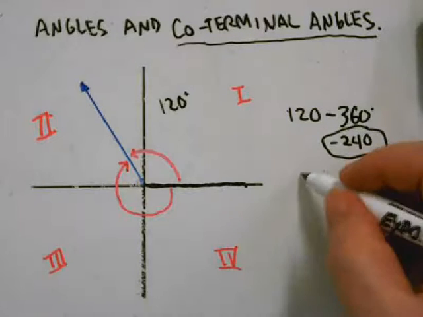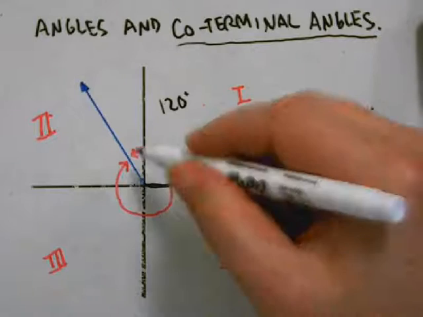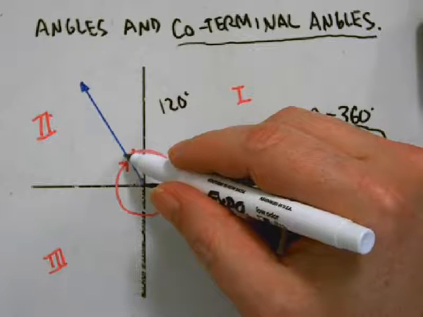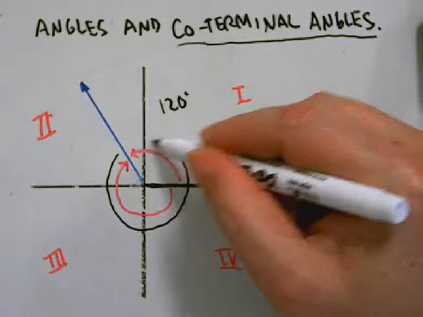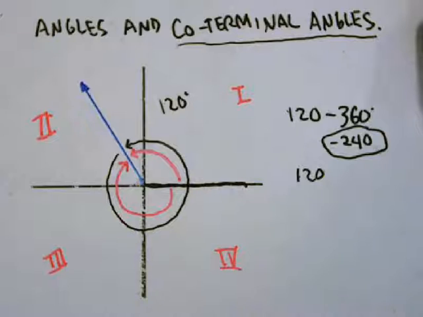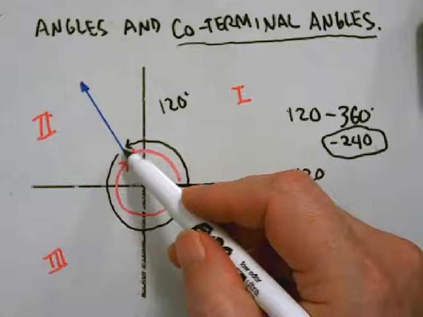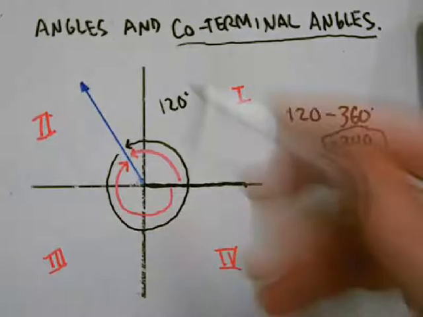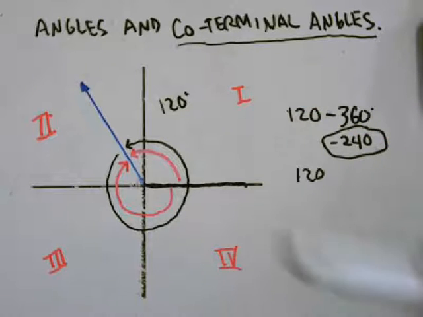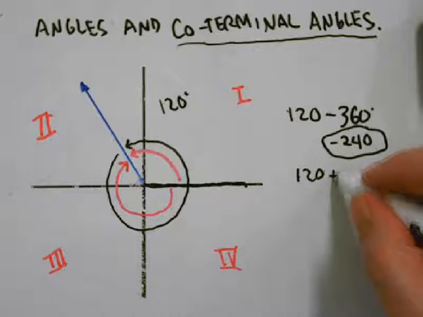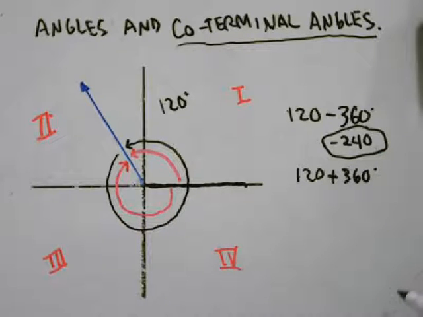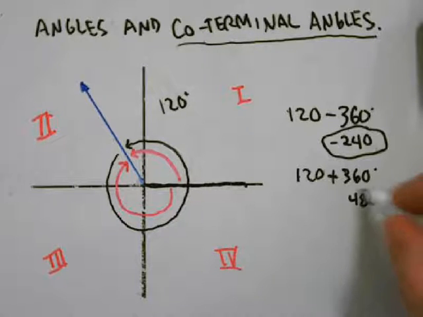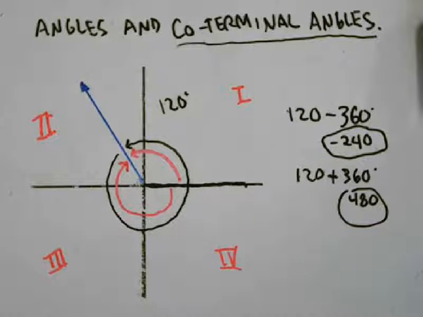Another way to find a coterminal angle is, if you were to continue on and go all the way around again, you would essentially add 360 to that angle and you'd be back at the same spot. As long as you're back at the same spot, it's a coterminal angle. So another way to find a coterminal angle is to add 360 to your existing angle, and you will get 480 degrees.